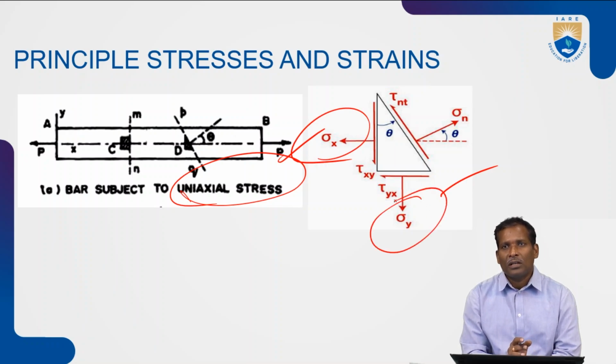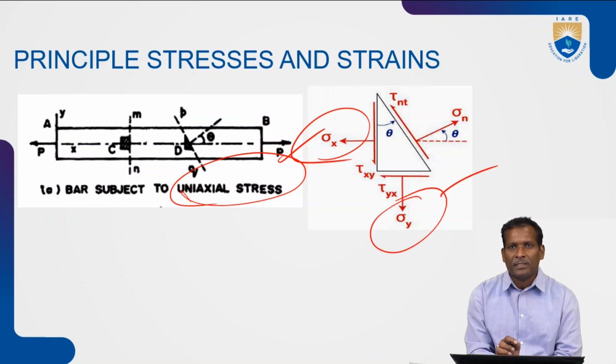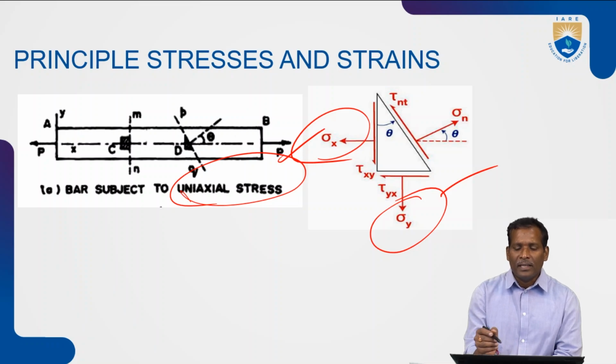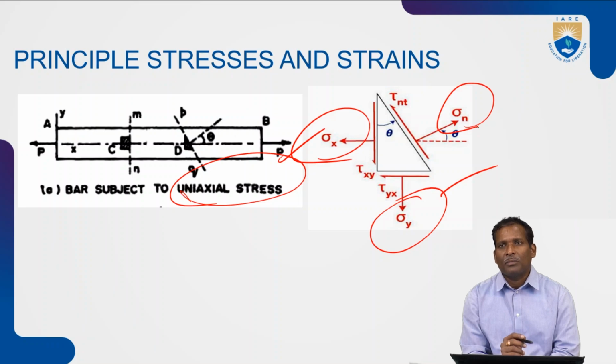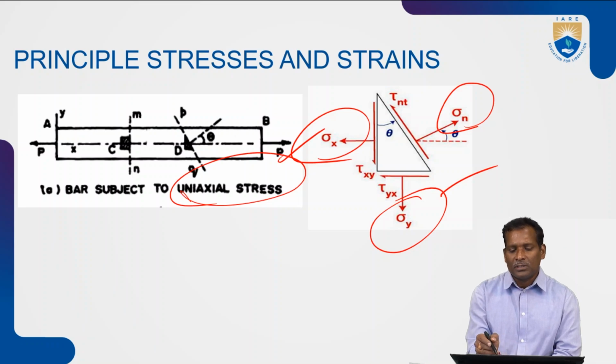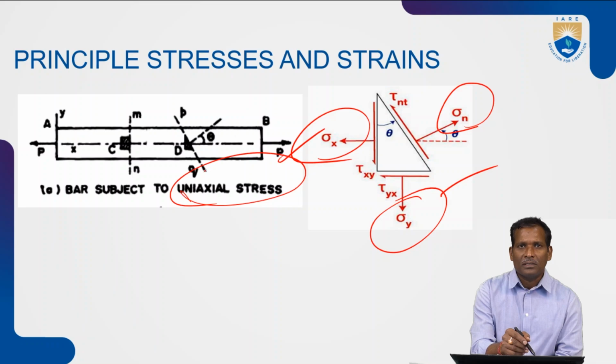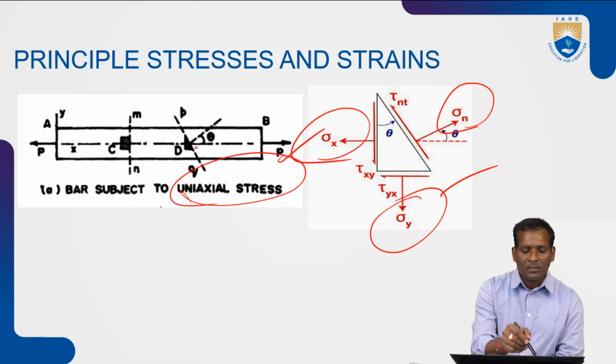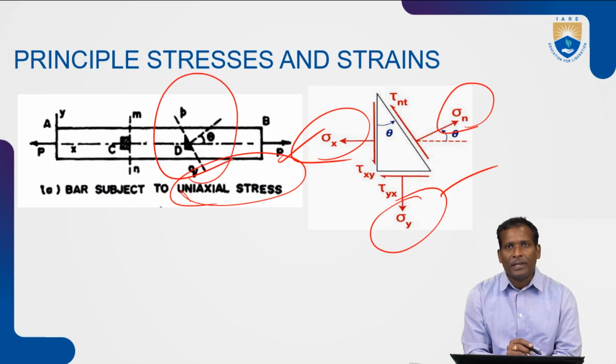These two are normal stresses, principal uniaxial stresses, acting at an angle theta. This is sigma normal. The normal stress is acting at angle theta to this plane. In this diagram, the plane is shown at an angle theta.